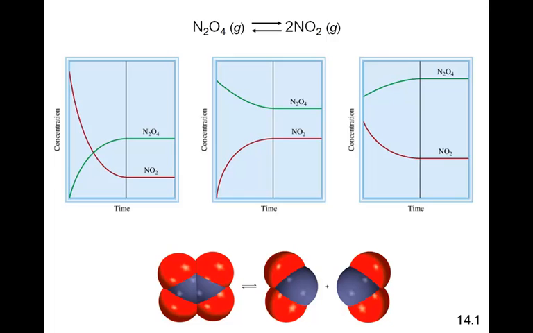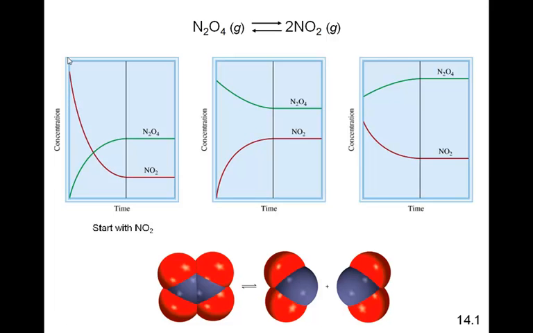As time goes by, the NO2 concentration drops, and then it begins to level off. And we see that the concentration of the N2O4 rises, and it begins to also level off.